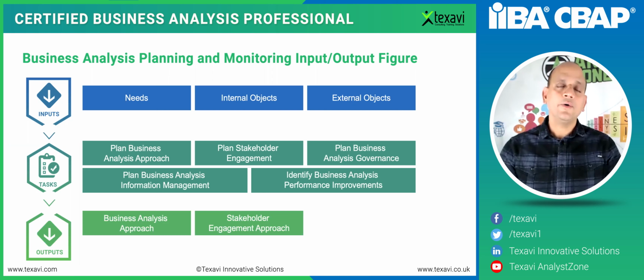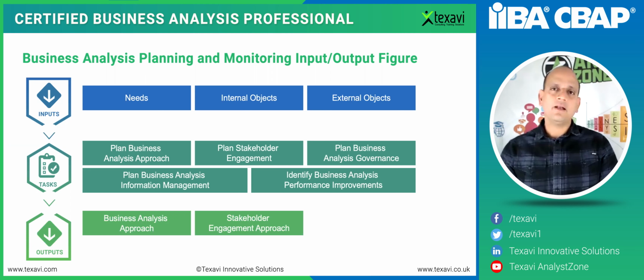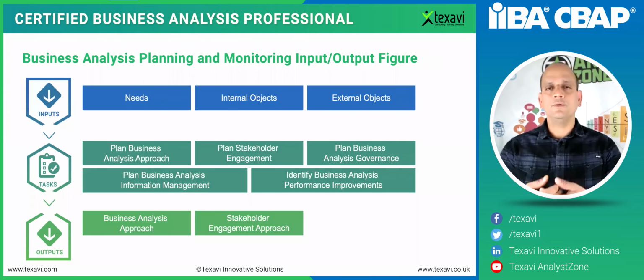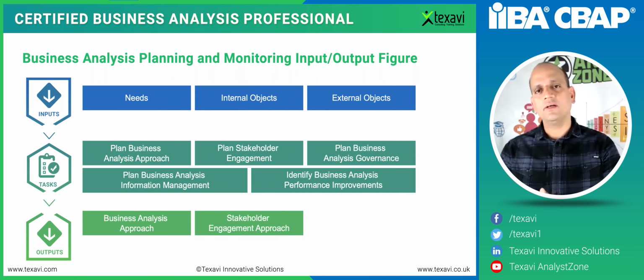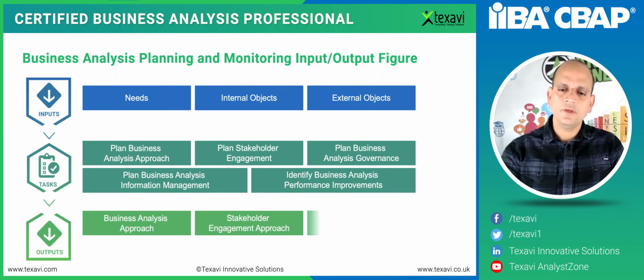So how are you going to approach that? What kind of workshops would you like to conduct? What kind of interviews would you like to conduct? How are you going to plan to work around those? Are you going to do it yourselves within the team, or do you have to recruit a third party partner to come over and conduct those interviews? So all of these things, again, you need to clearly mention.